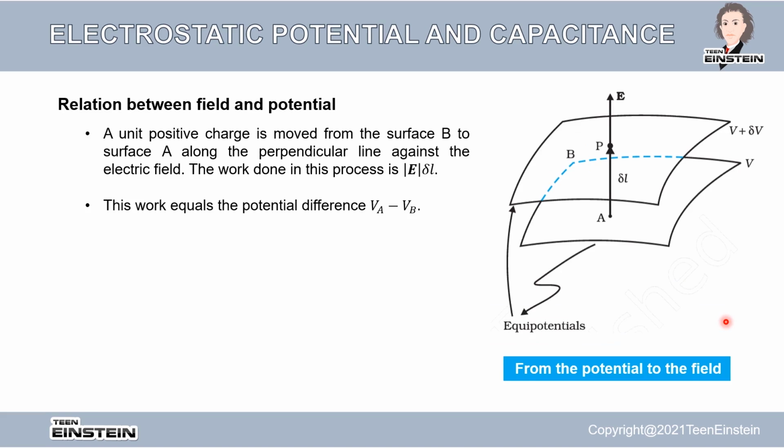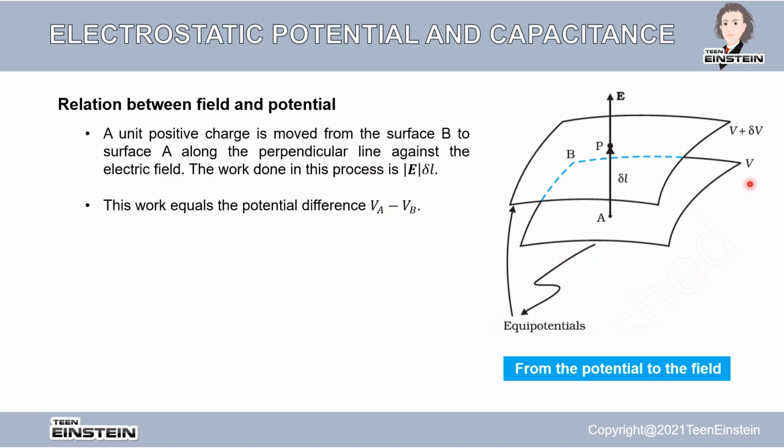Okay, now that we have defined equipotential surfaces, and we also know what an electric field is, and that the electric field is always going to be perpendicular to the equipotential surface, now we are going to find the relation between the field and the potential. A unit positive charge is moved from surface B to surface A along the perpendicular line against the electric field.